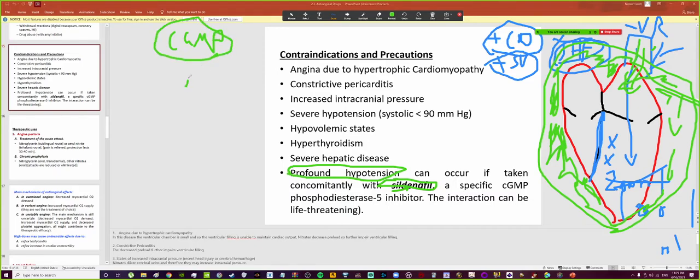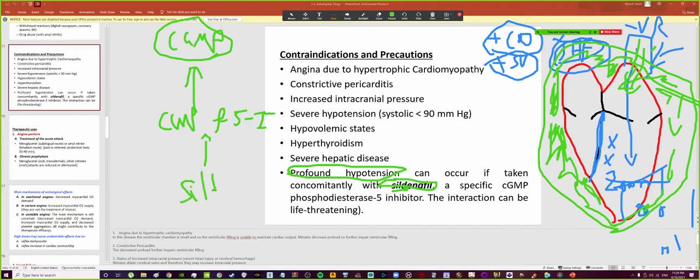It has an inhibitor that blocks it, known as cGMP phosphodiesterase 5 inhibitor. And this phosphodiesterase 5 inhibitor inhibits the cellular cGMP to stop relaxation.